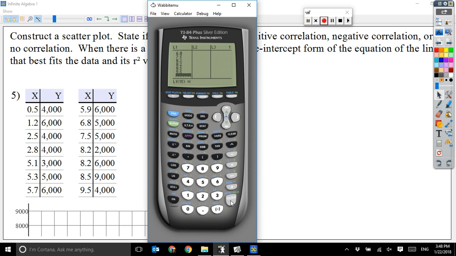Alright, so at the very end, when I get to a little dotted line after I put everything in, mine says L1 equals 15, which is good because that means I should have put 14 data points in. I'm going to go right arrow and do the same thing, but I'm putting the Y values in now.